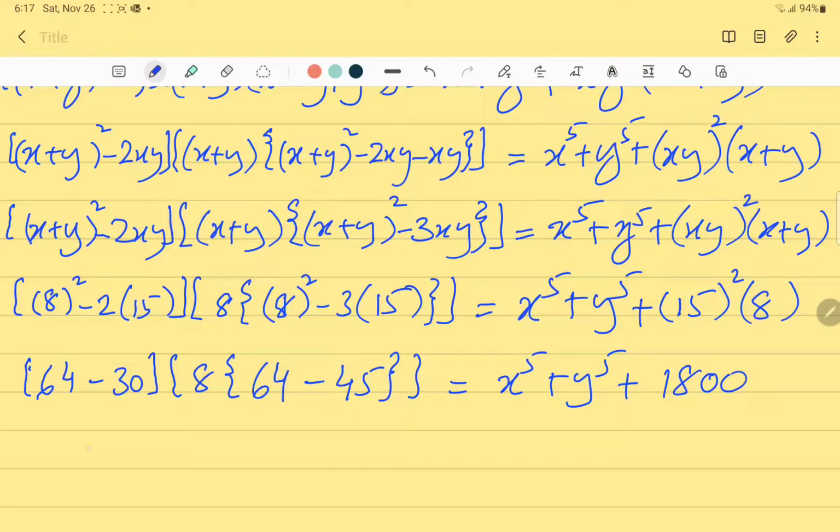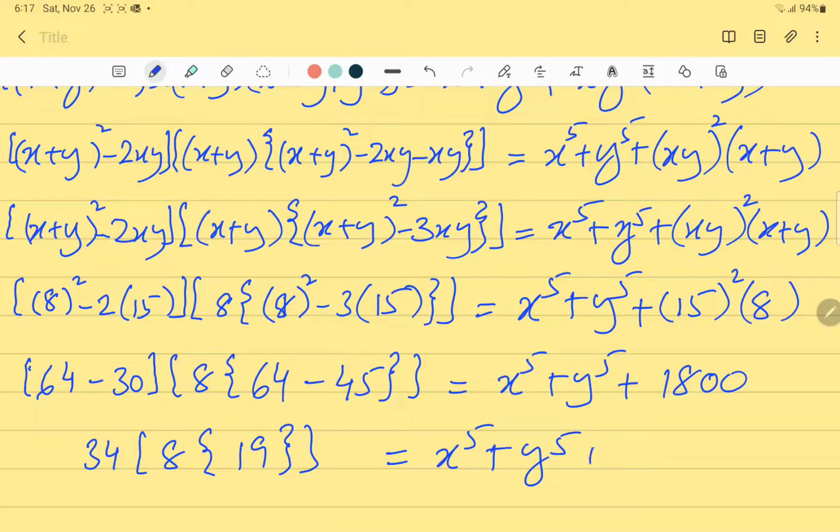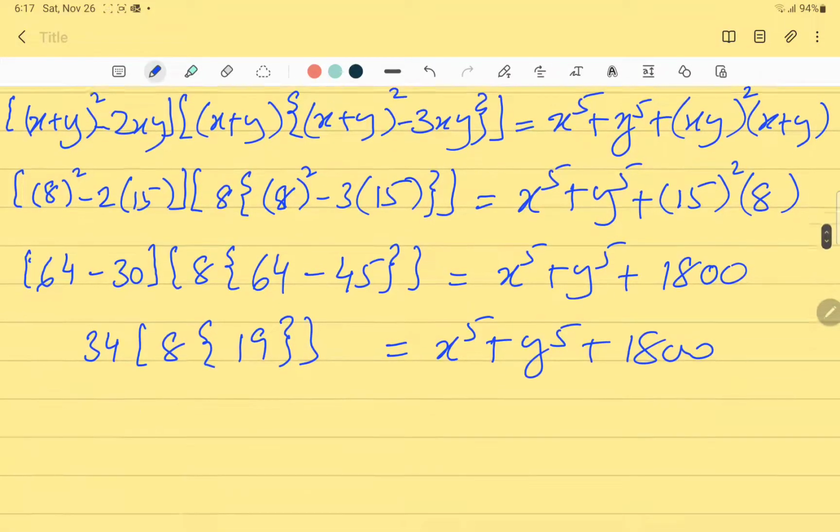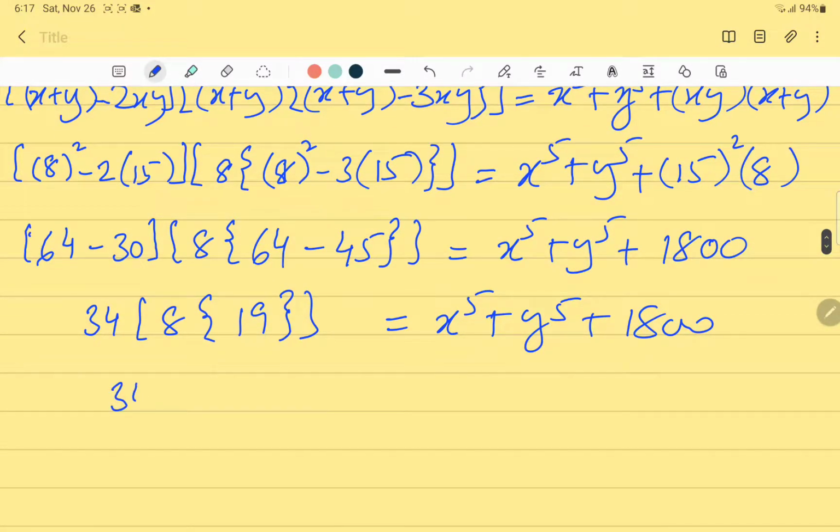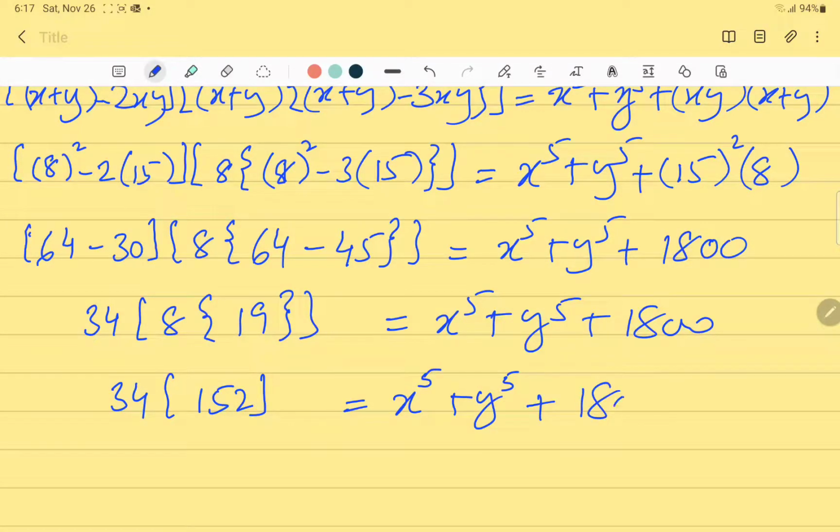Now 64 minus 30 is 34. 64 minus 45 is how much? It is 19. 8 into 19 is 152. Okay, now 34 into 152 is 5168.